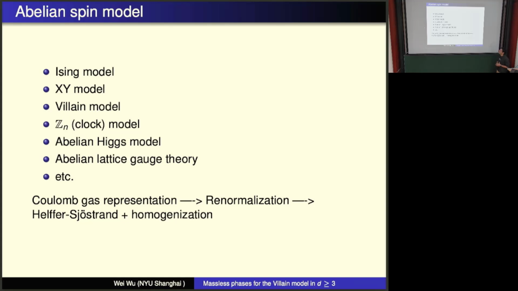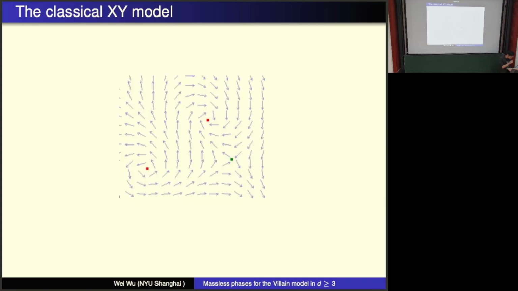And the Villain model is a special example, but as you will see, in many of these models there is this very nice feature that there's a duality for the spin model to a Coulomb gas and a height function. And then we can combine with the tools from renormalization and especially from homogenization of PDE to get very precise limits about the asymptotic behavior of these models.